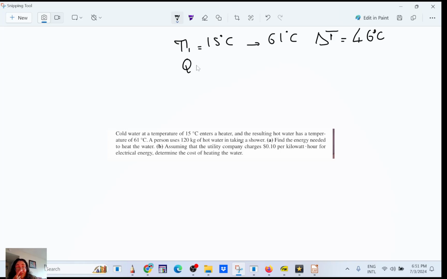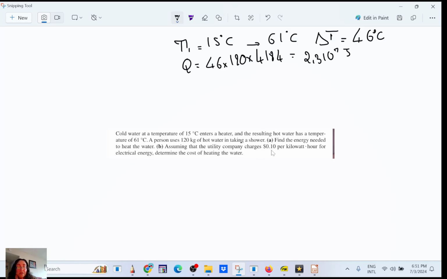So the amount of energy transferred from the heater to the water is going to be 46 times 120 times 4184. And if you do the math, you're going to get 2.3 times 10 to the 7 joules. Okay.